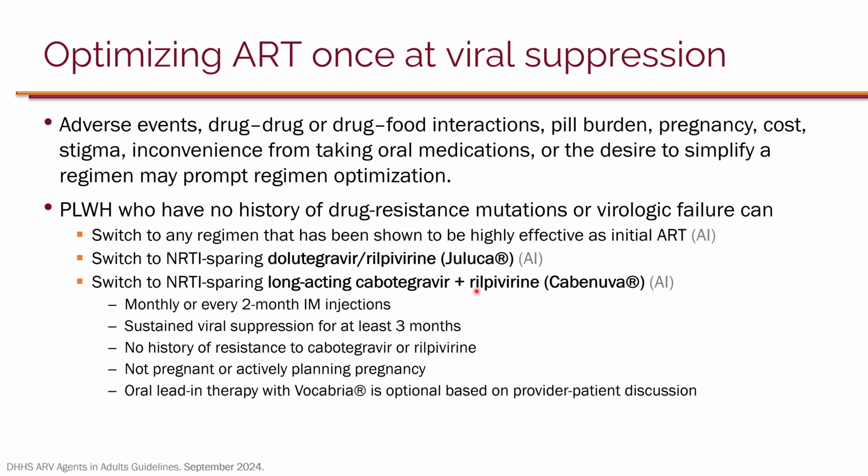So if they're getting cabotegravir and rilpivirine for the very first time, and you want to make sure that they're not allergic to it, Vocabria is an option before they switch to the long-acting, but it's optional, because what we have seen in the studies is that the large majority of patients tolerate this. Hypersensitivity reactions and allergies are extremely rare with these drugs.